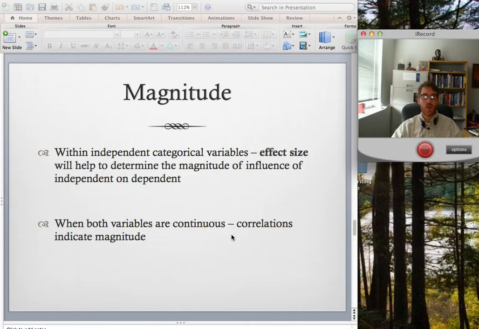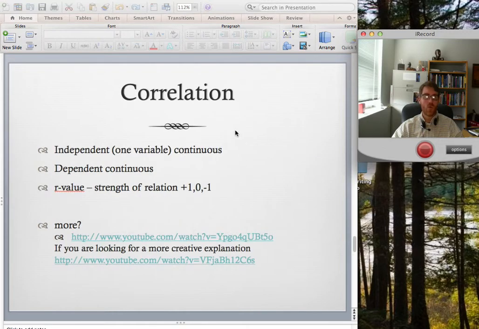So in talking about two types of tests, the first one is correlation, where we have one continuous independent variable and we're comparing it to one dependent continuous variable. As an example, if we think x and y, as x increases, y increases. As x increases, y decreases.